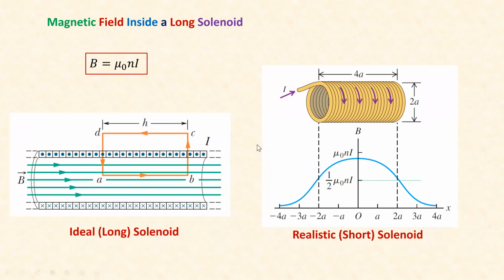And Ampere's law can be applied to an ideal solenoid, and we use this closed loop for it.